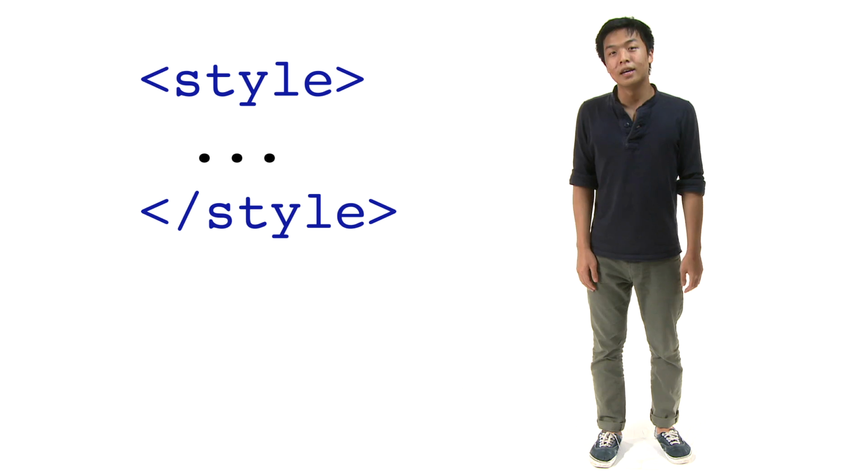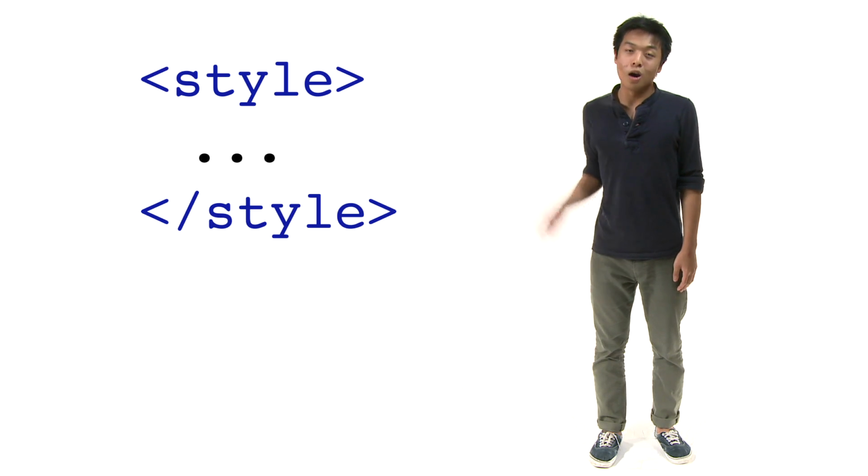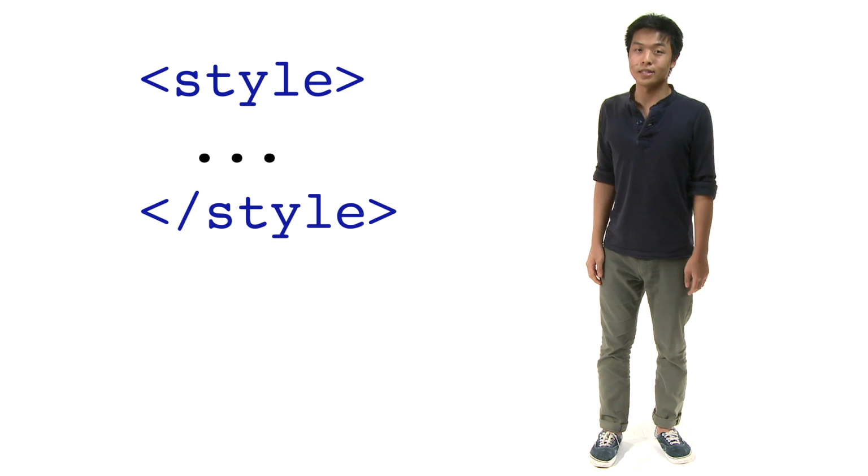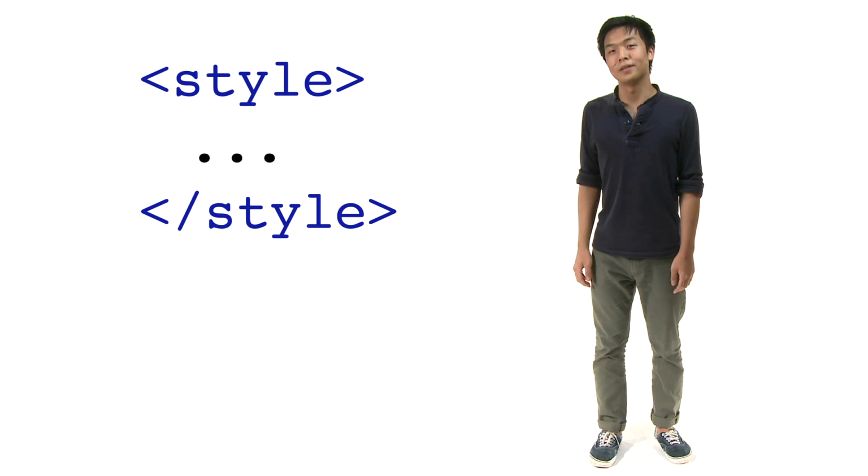CSS selectors are used to choose elements to which declarations are applied. A selector, combined with a list of CSS declarations, is often referred to as a CSS rule. These rules would be put between open and close HTML style tags, often in the head of the document.